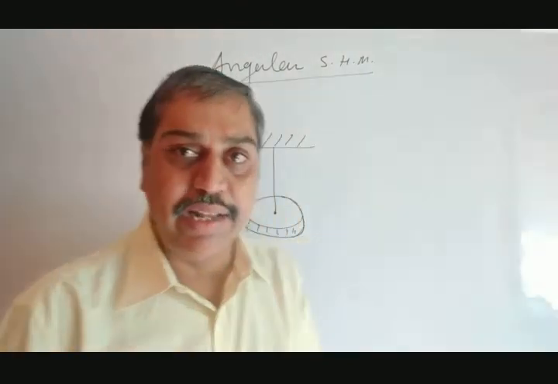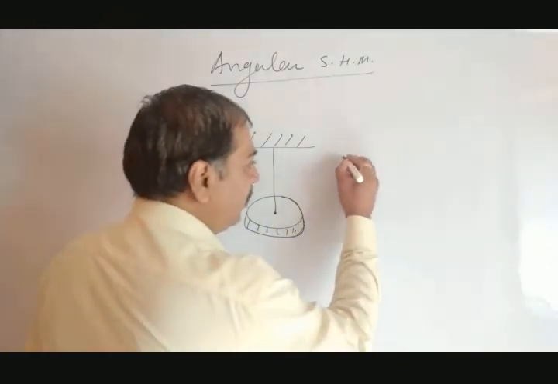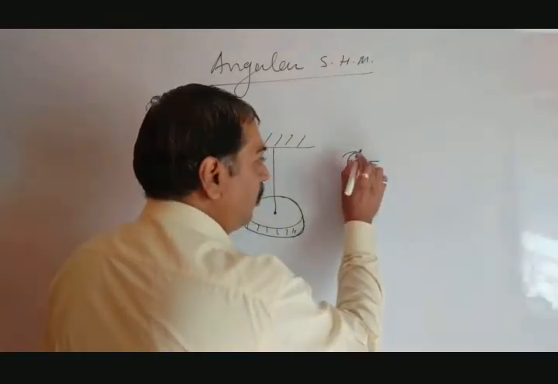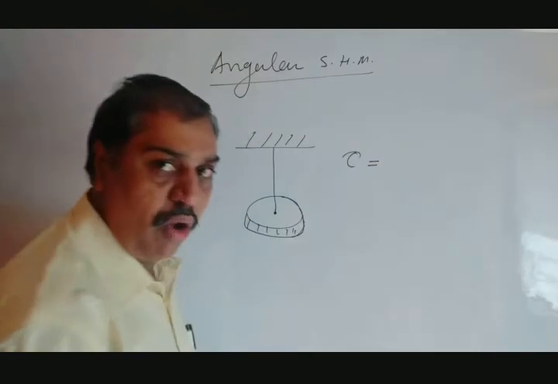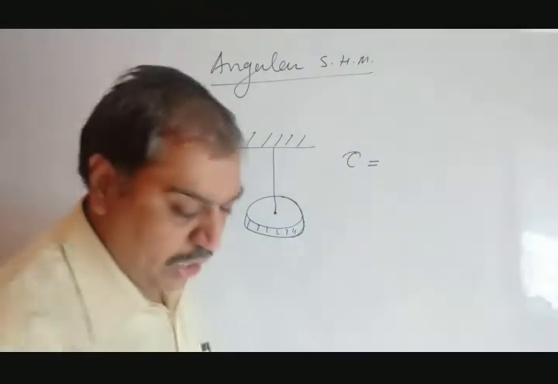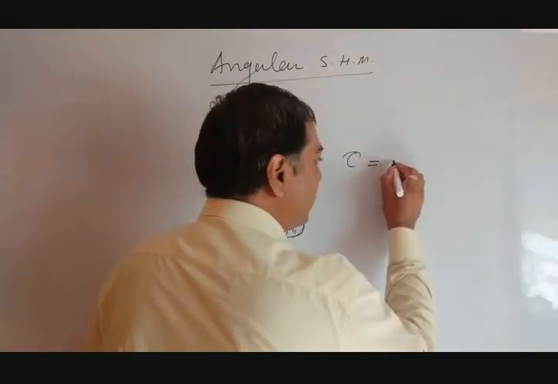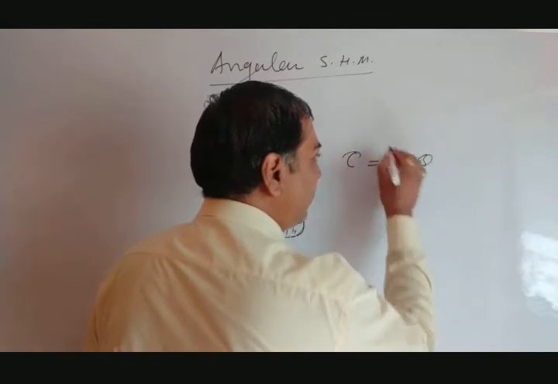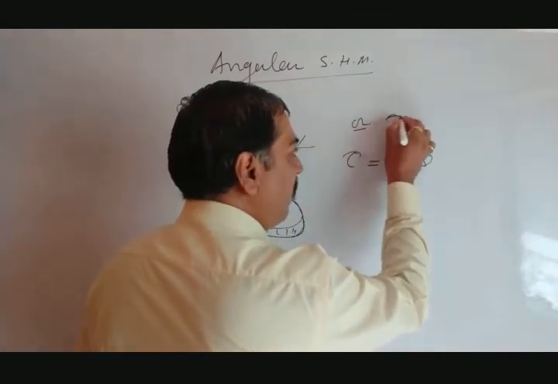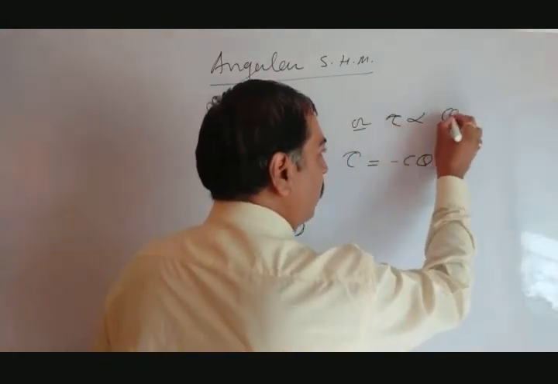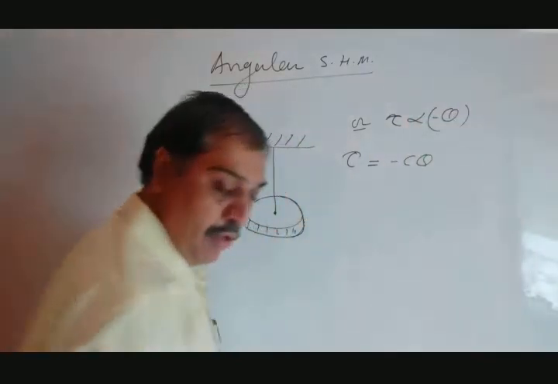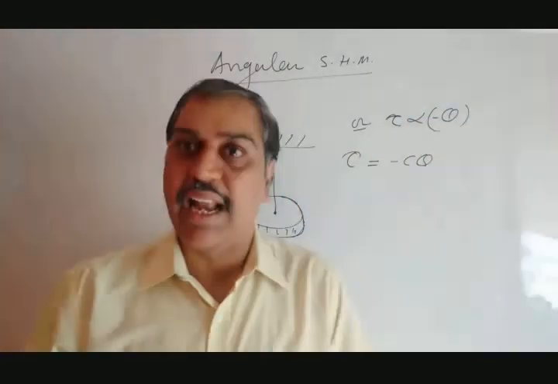Mathematically that torque can be written by one equation: tau, the symbol for torque that we saw in 11th standard, tau equal to minus C theta. Or we can say this torque is directly proportional to theta with a minus sign. Why the minus sign? Because they are opposite.